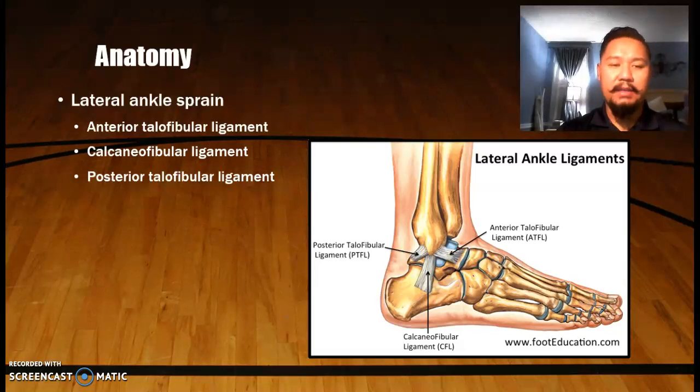And the PTFL, which is the posterior talofibular ligament, connects the talus to the fibula back, posteriorly. Most of the injuries will occur to the ATFL and the CFL, just based on the mechanism of injury, which is inversion and plantar flexion.